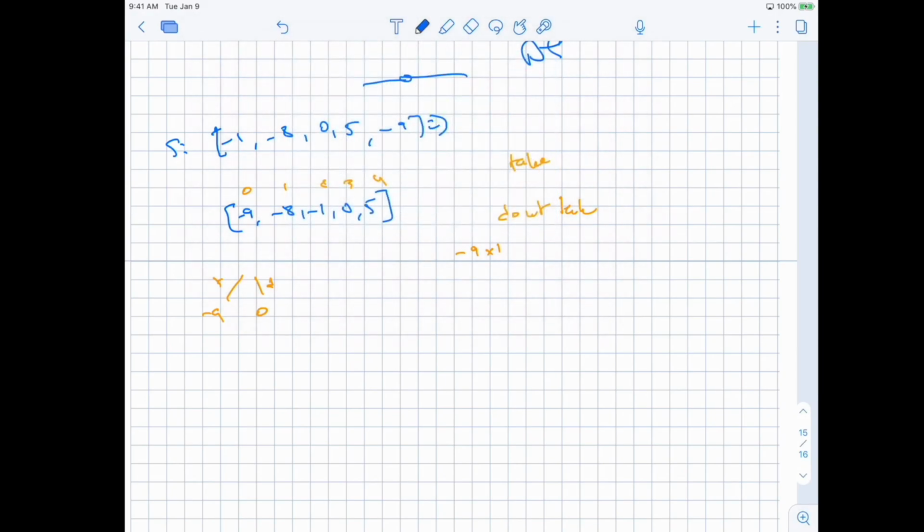From minus 9, we go to the next one. Should we take it or not? We try both. If we take it, it's going to be minus 8 multiplied by 2, right? Because time increases each time, so each time we start from 1, we go to 2. So here, if we take it, this is going to be minus 16, and we add that to minus 9.